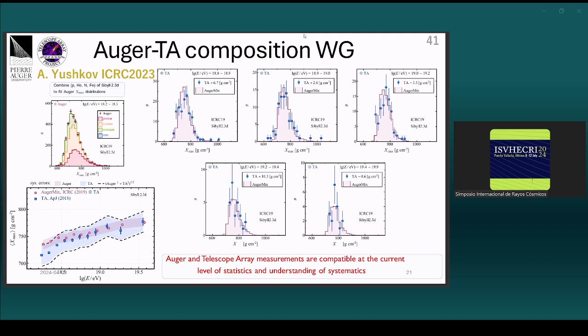And TA can take the composition, which Auger gives us sort of a mix of protons and heavier elements, and then we can regenerate the Monte Carlo using Sybil in this case, and then reconstruct that Monte Carlo and compare it to the data.